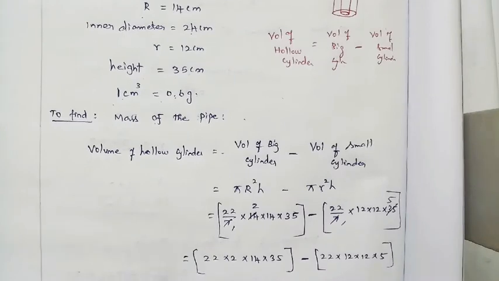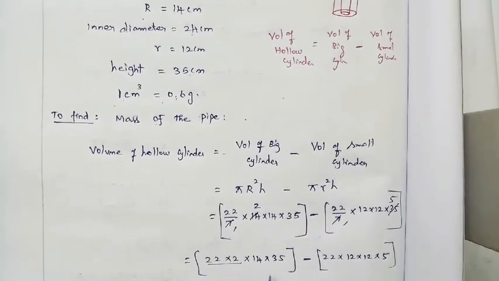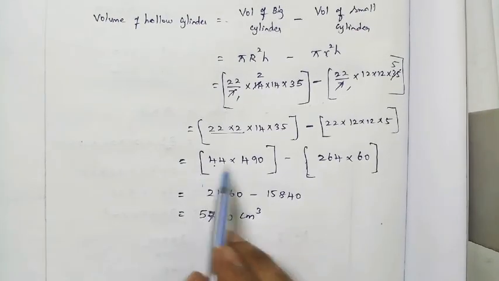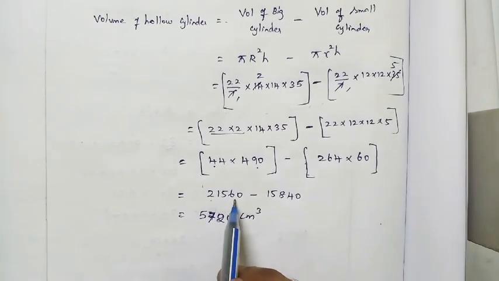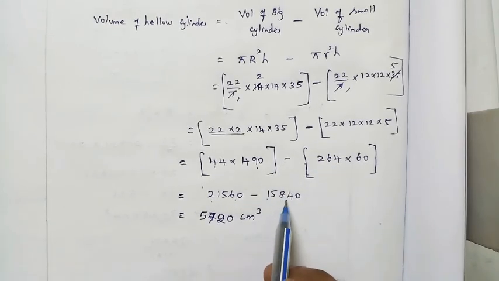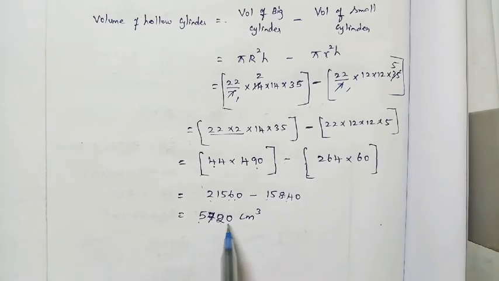Just multiply. 22 into 2 is 44 into 35 into 14, 44 into 490, 21,560, minus 264 into 60, 15,840. Subtracting these two values, we will get 5,720 centimeter cube.